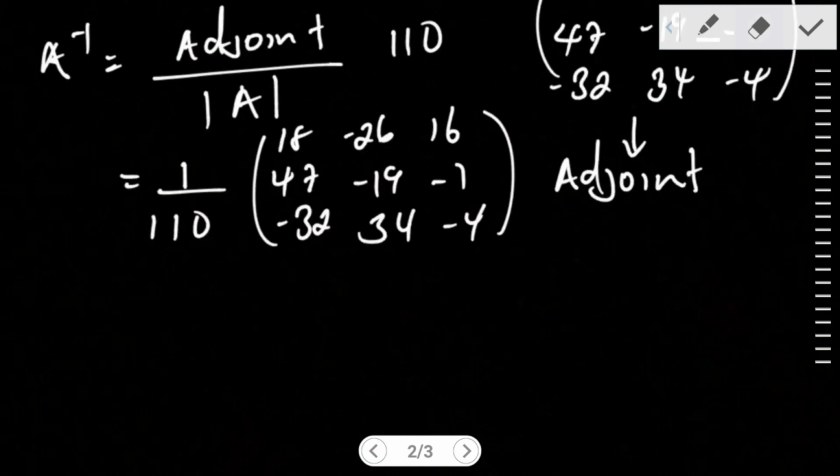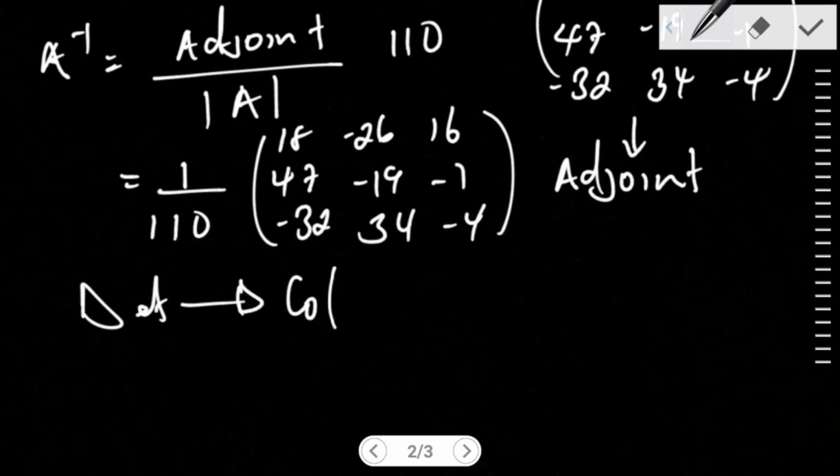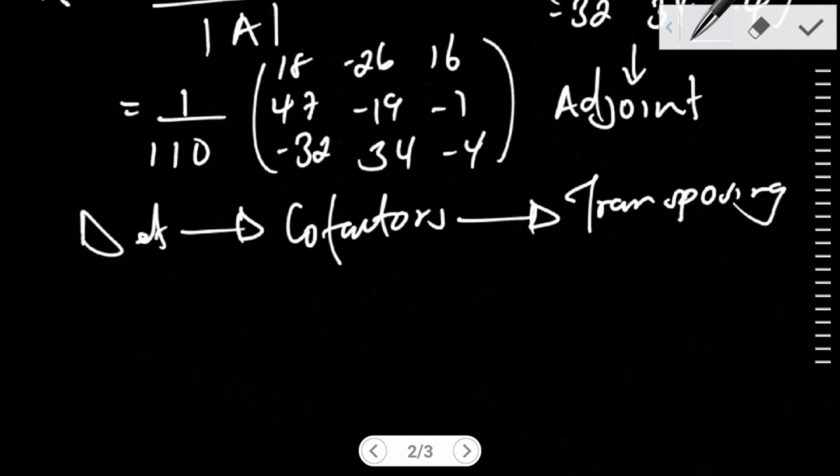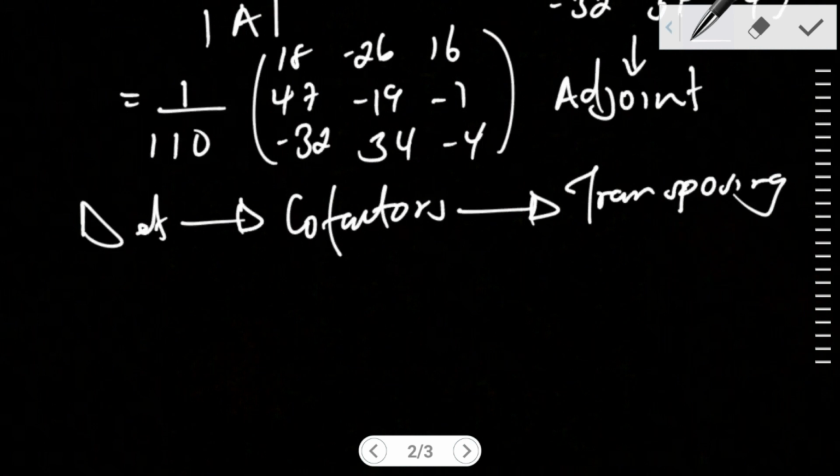Through what we did, first we got the determinant. After getting the determinant, we went to determine the cofactors. After determining the cofactors, we went to transposing, which is just making the rows become columns.